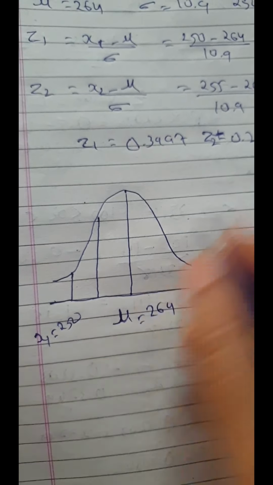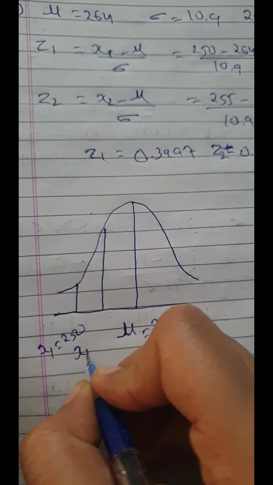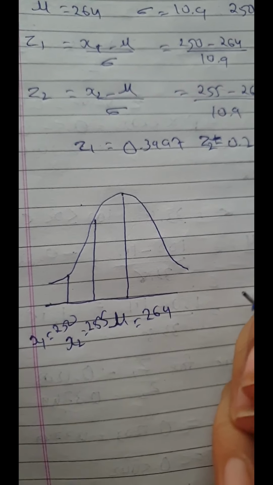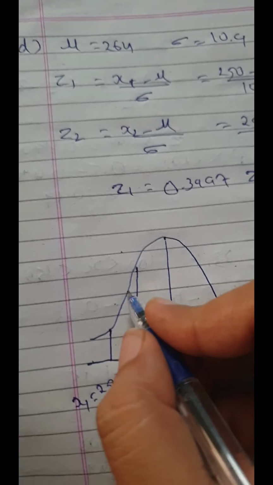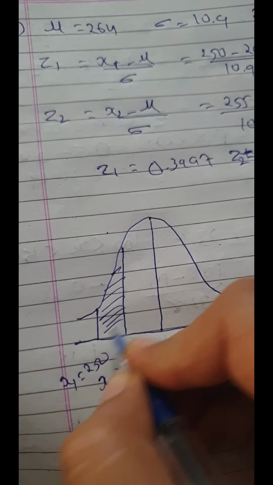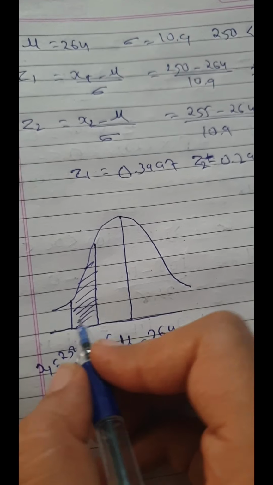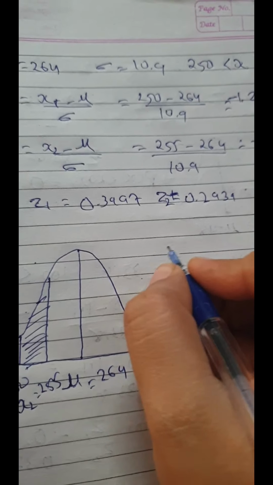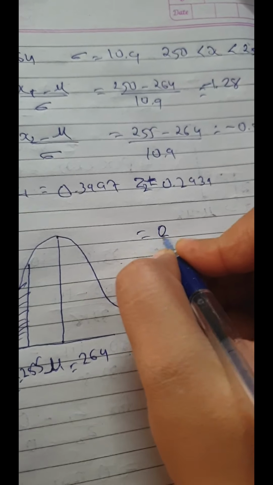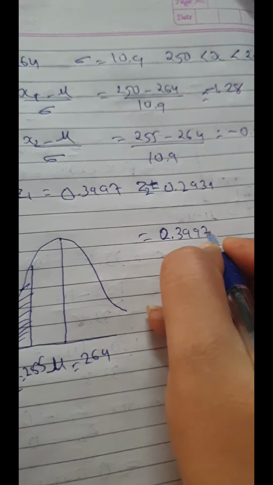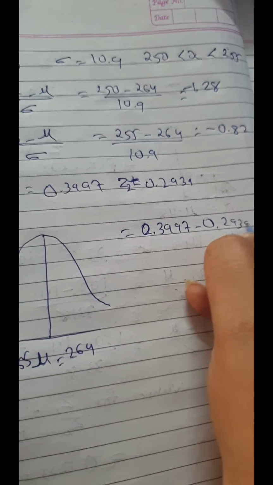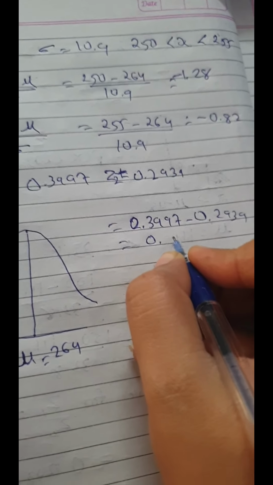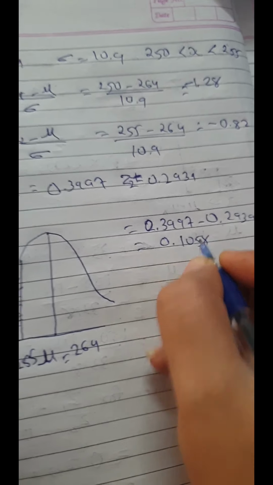You want this value, so you have to deduct the values from each other. That is 0.3997 minus 0.2939, so the answer will be 0.1058.